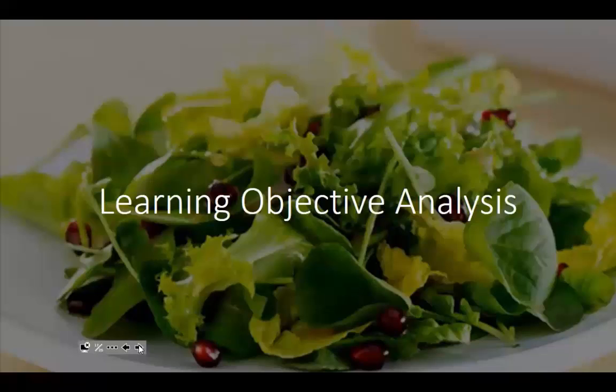So you have dimensions. The lower level dimension, like remember, understand, you just memorize facts. To create, which is the upper level of knowledge, you want to analyze to make sure that your objectives are aligned with the level of course that you're teaching.